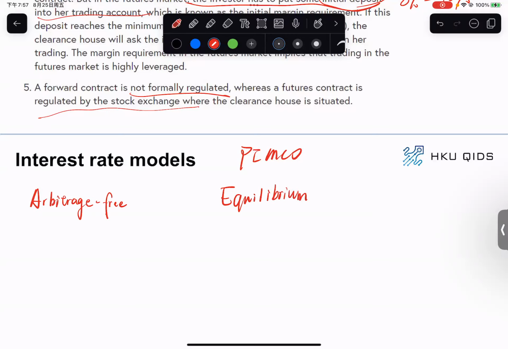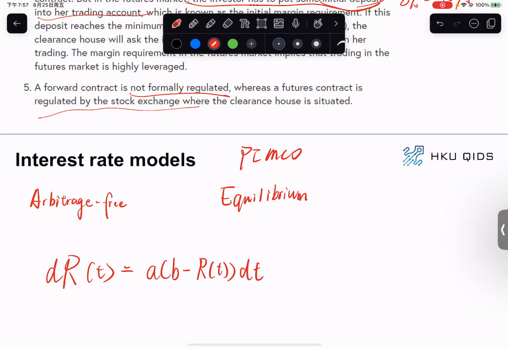The normal formal model is the same as the one we use for options. We model the return as having some kind of drift item with regard to the short time dt, plus the volatility item with the Brownian motion.